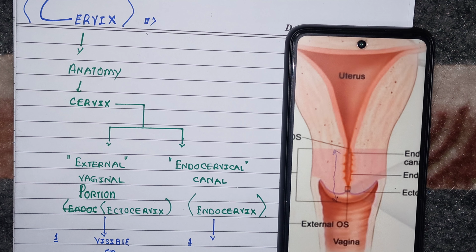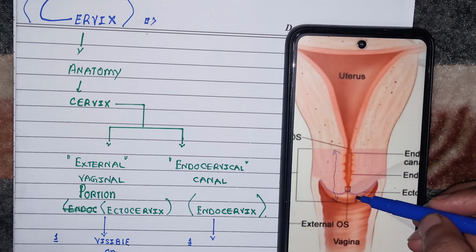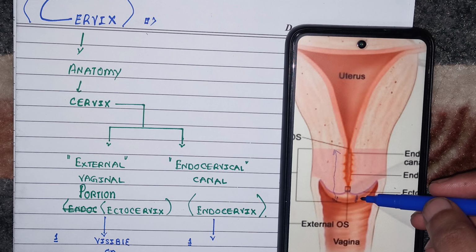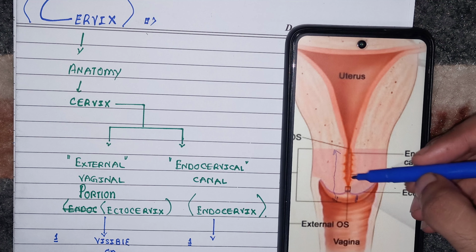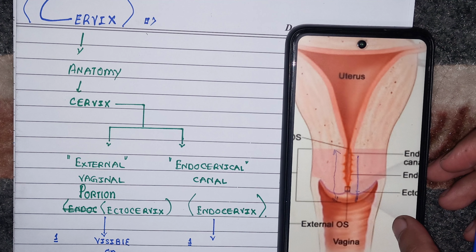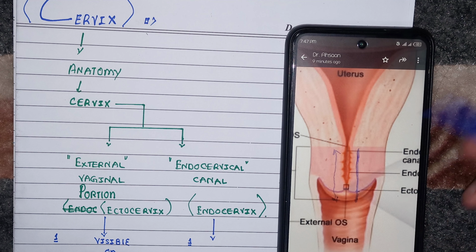Can you see it is having two parts? This nice little part that is present inside the vagina is called the ectocervix, or external vaginal portion. And this portion of the cervix is called endocervix.